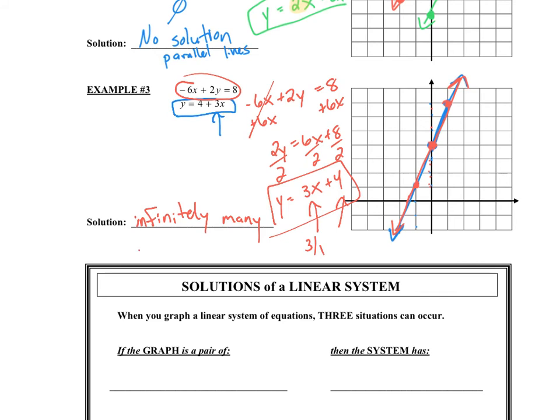So infinitely many, this symbol right here, you could write down infinitely many if you feel like it saves you time. And that happens when it is the same line. If it's the same line or coinciding lines, which means they cross at every single point, then it's infinitely many solutions.